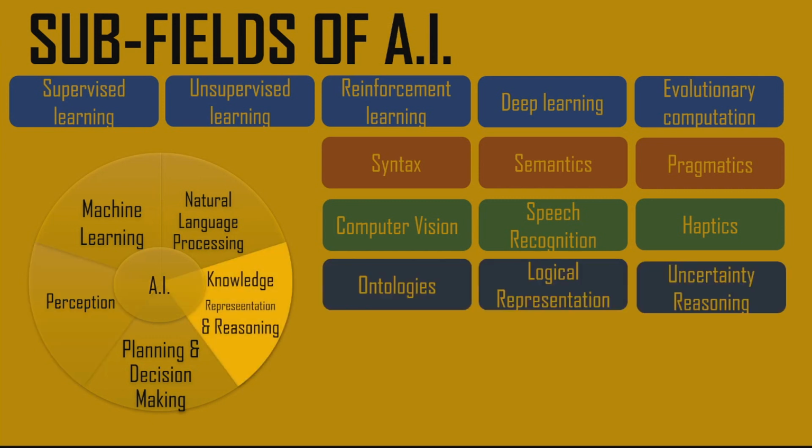For knowledge representation, I'm just naming the specific subcategories of it: ontologies, logical representation, and uncertainty reasoning. So knowledge representation essentially points to the category where you need to represent data in a structured way that can be then used in a particular stage of the robotic system pipeline.